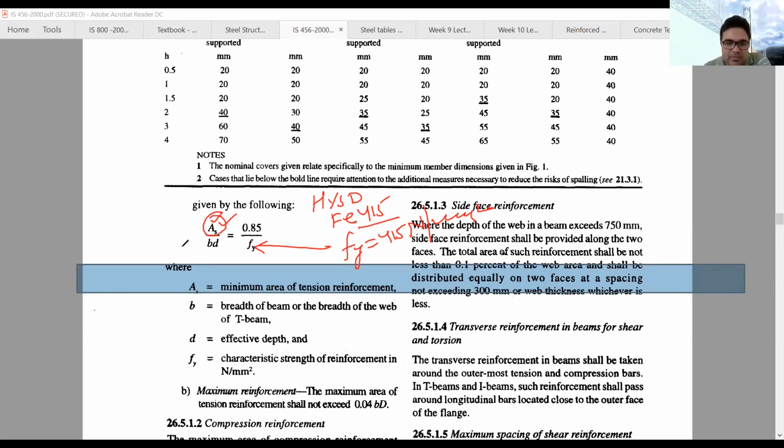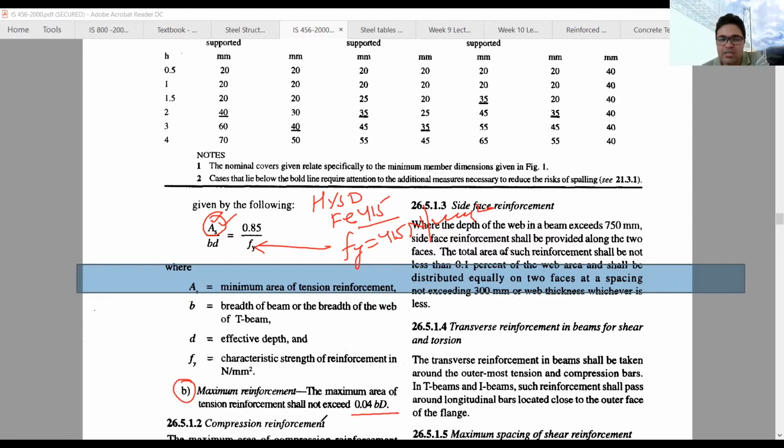Similarly, in the B part, you can see the IS code also gives a maximum reinforcement limit, and it says the maximum area of tension reinforcement shall not exceed 0.04 times BD. B into D is the total area of cross section, because here D is the overall depth, and 0.04 means 4% of the total cross sectional area.